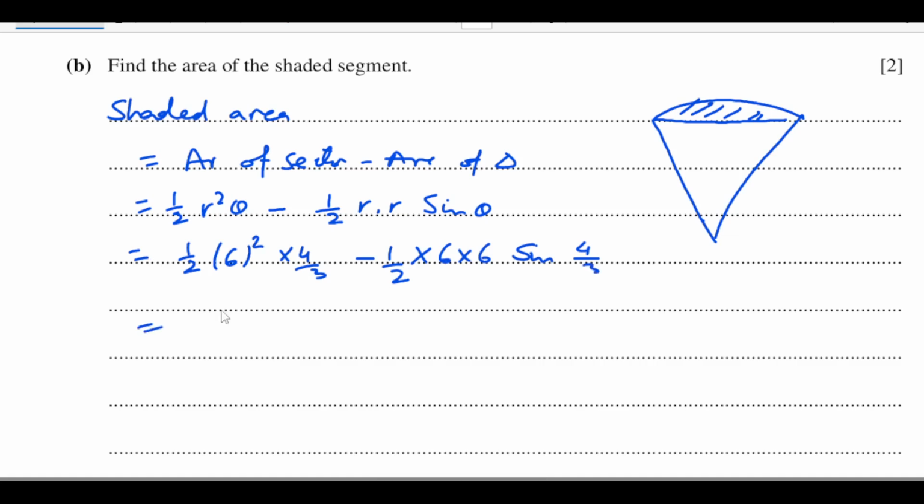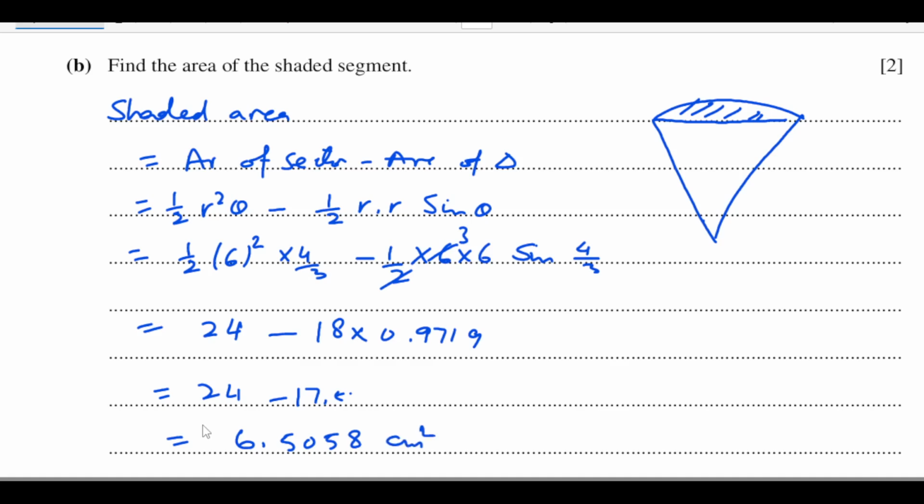So this comes out to be 24 minus 18 times sine of this, which is 0.9719. So this is 24 minus 17.5, which is equal to 6.5058 centimeters squared, and approximately 6.51 centimeters squared to 3 significant figures, right?